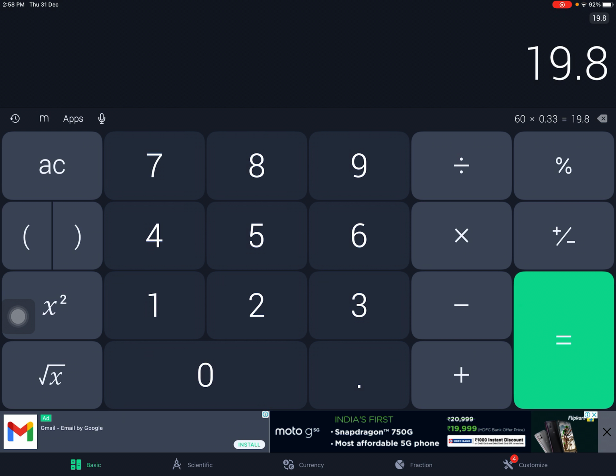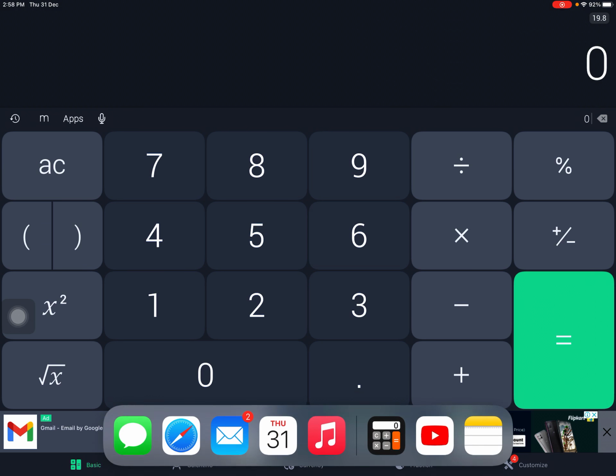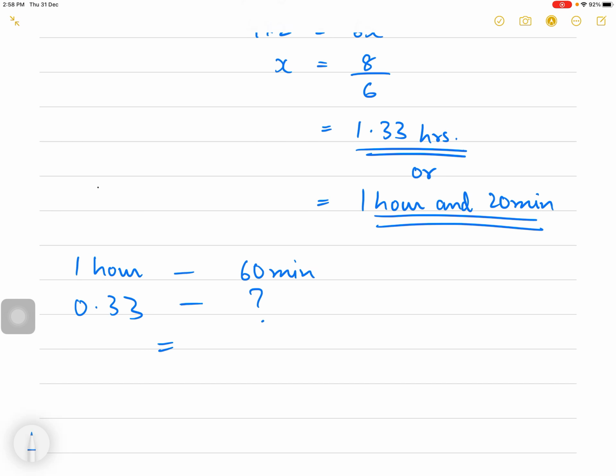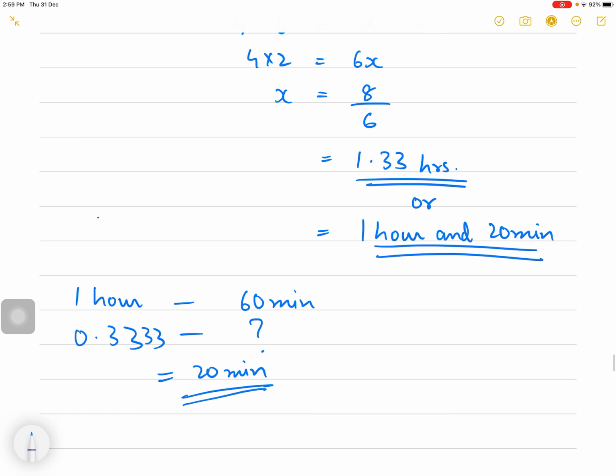Okay, because actually it is 0.33333333, it's never ending. So it is actually 20 minutes. So 0.333333 is equal to 20 minutes. Okay, so that's why 1 hour and 20 minutes.